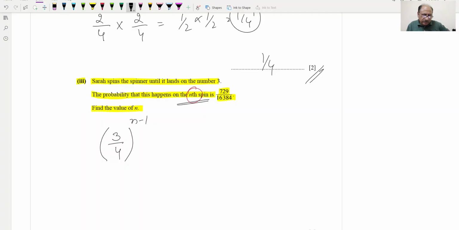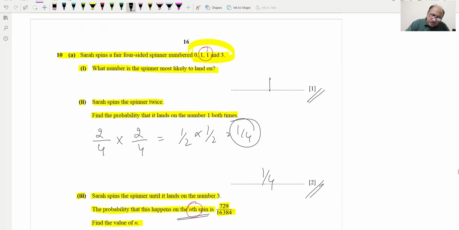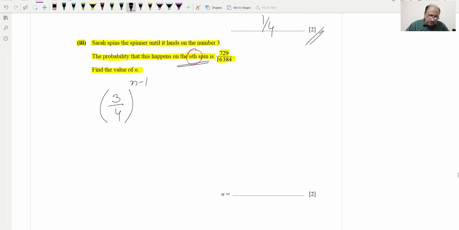So Sarah spins the spinner until it lands on the number 3. So the remaining will be like 0 and 1 and 1 and 3. So not getting 3 means 3 out of 4. That's why we have written this 3 out of 4, and raised to the power n minus 1.